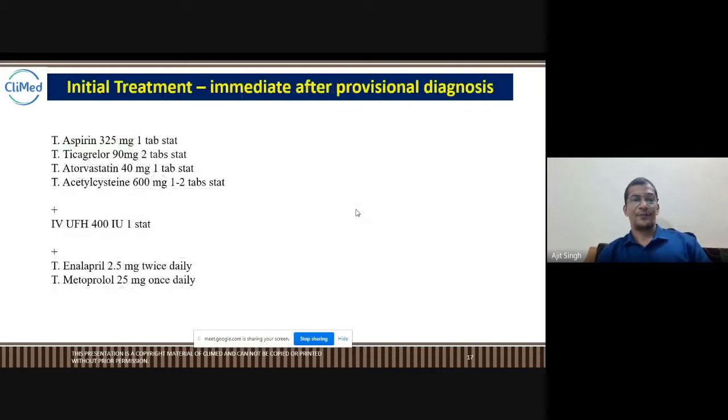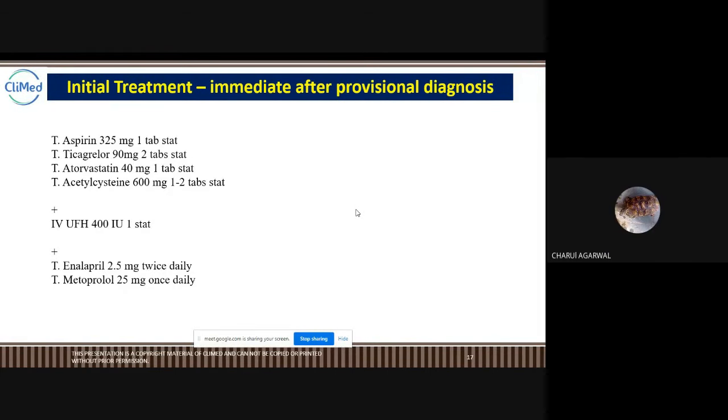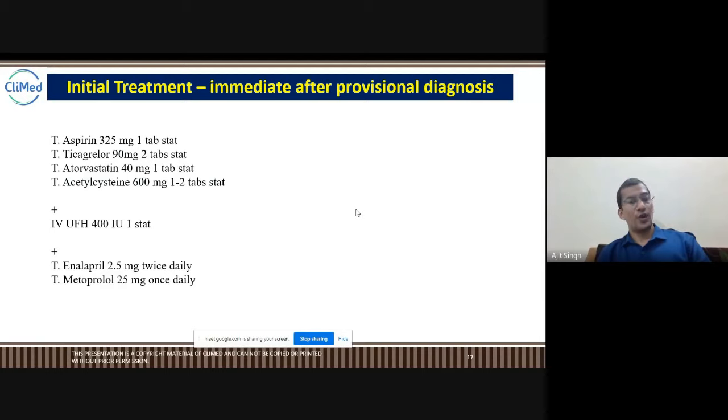So guys, describe why these doses, and stat, immediately after provisional diagnosis. What are these called actually? Loading dose. Yes, this is a loading dose.